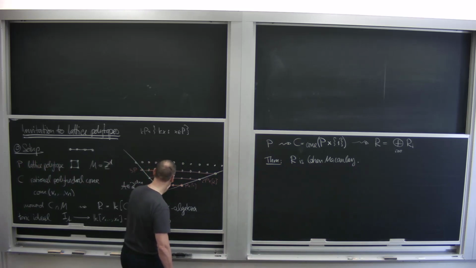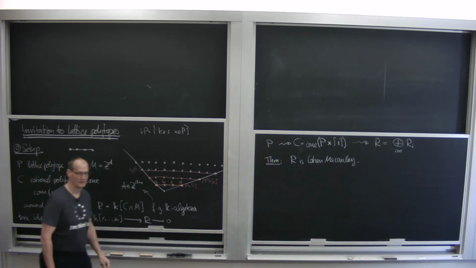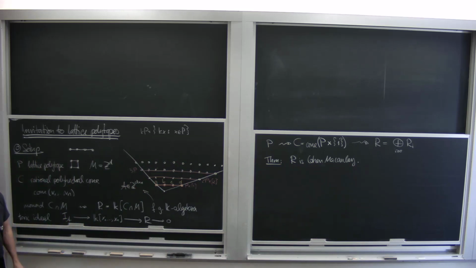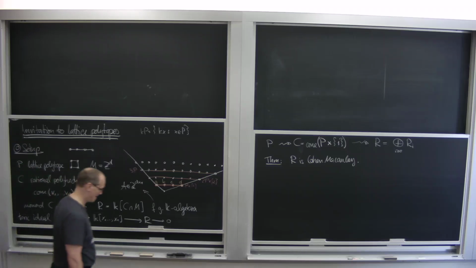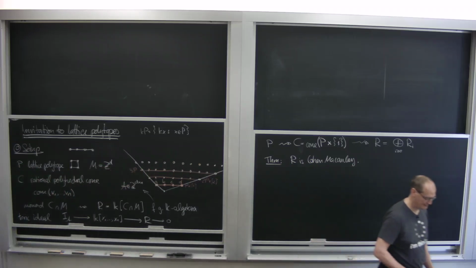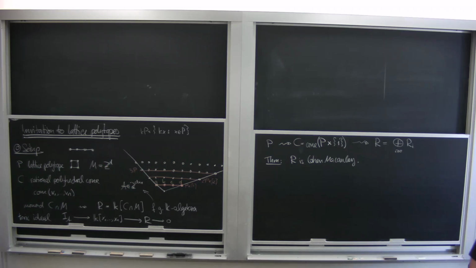I call them A, B, C, and D. And let's just see, like, what is the relation among these? A times C is B squared.